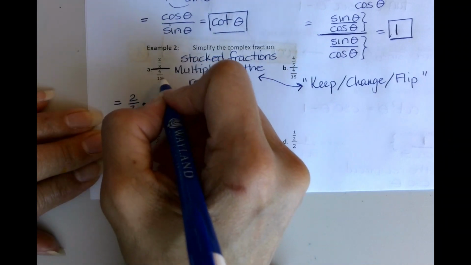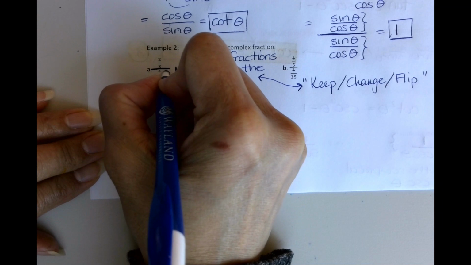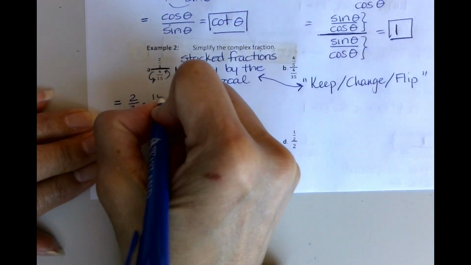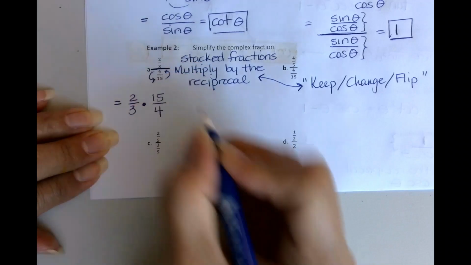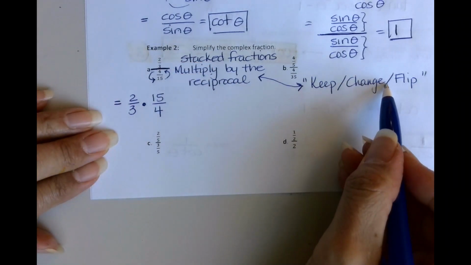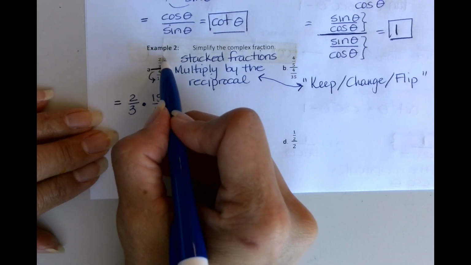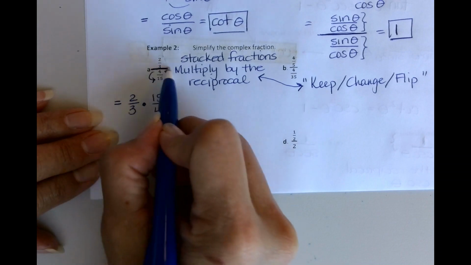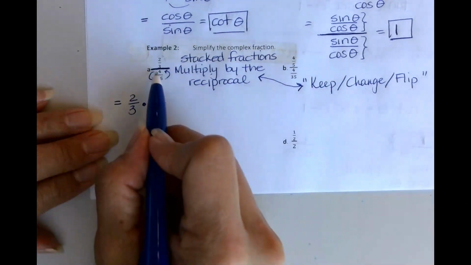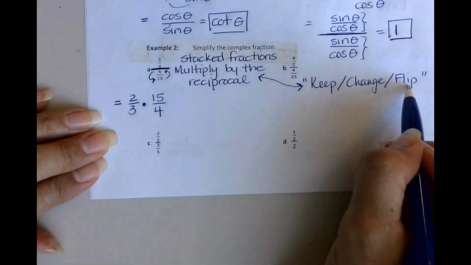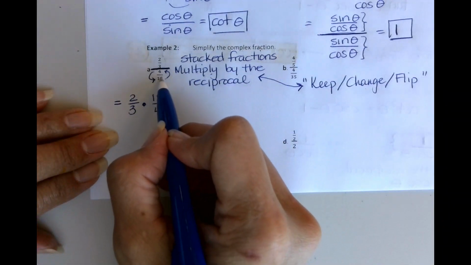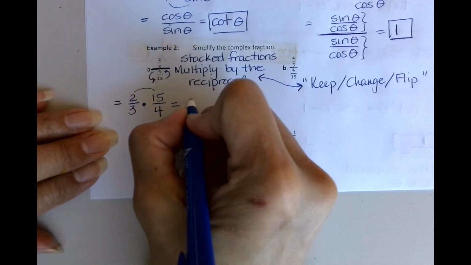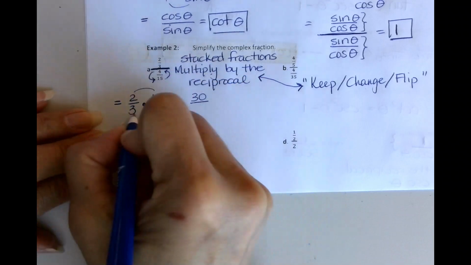And the 4 over 15 is going to become the reciprocal. Okay? So you, in the words you guys like to use, keep the fraction above the bar as you see it. You change the division symbol to a multiplication. Flip, meaning take the reciprocal of the bottom. Once you do that, you are just multiplying, okay?